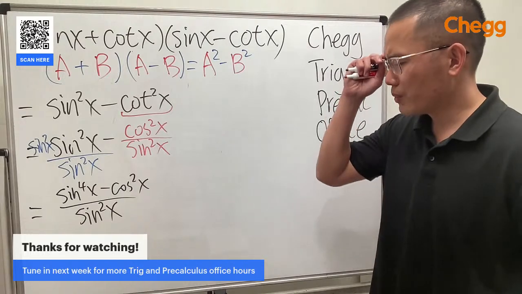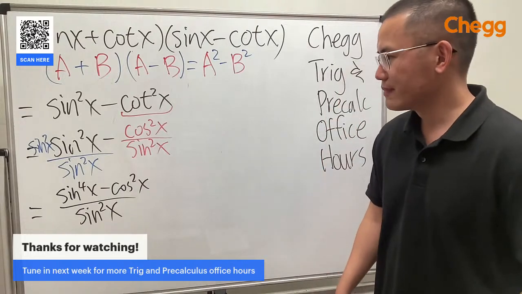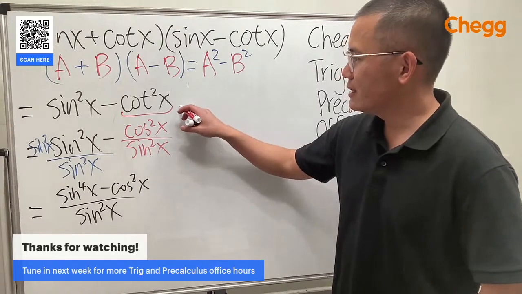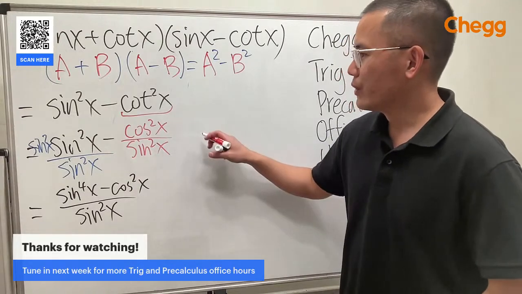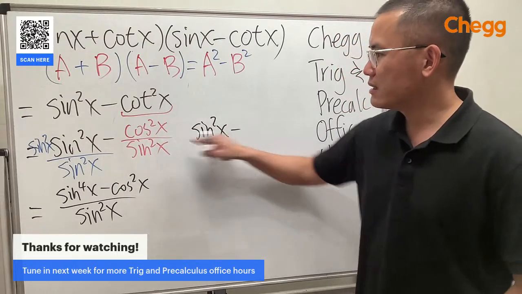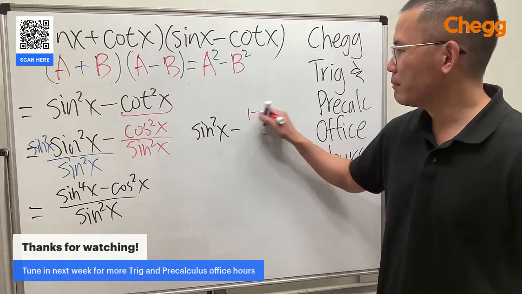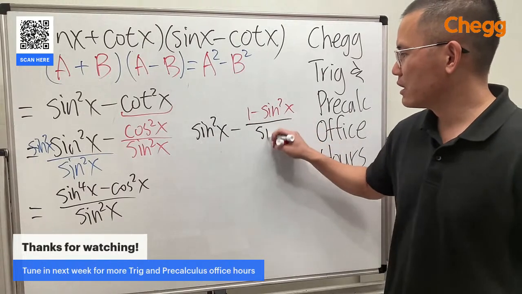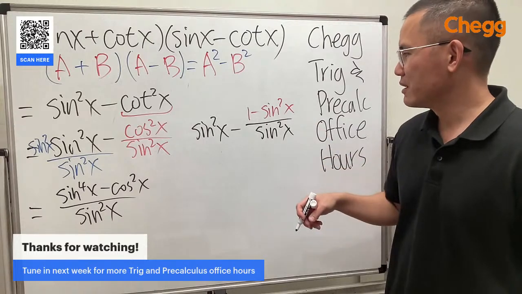Well, we can try this thing right here. We can say this was sine squared x minus, if you turn this into 1 minus sine squared x, over sine squared x.